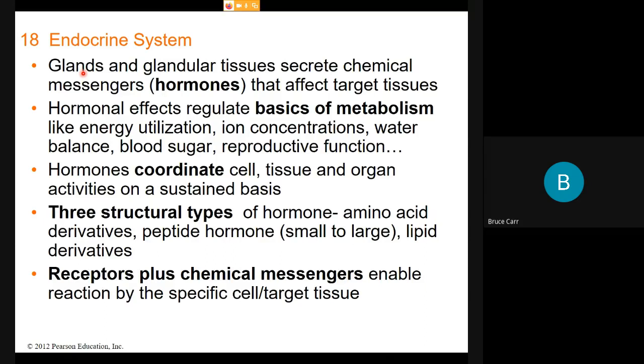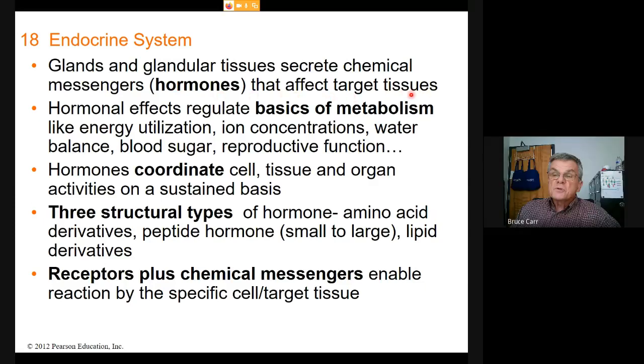There are other clumps of glandular cells that produce a secretion that has a hormonal effect. But because they're distributed through the walls of another named organ, they're glandular tissues rather than organs that are named glands. Both have endocrine effects. Both affect through chemical messengers called hormones, and all of them are going to affect a specific target tissue because of the receptor that's there.